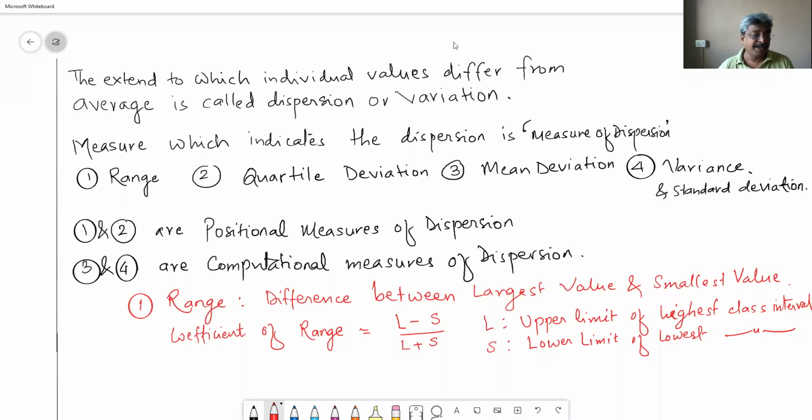Okay, so we write down definitions of range and quartile deviation and we look at the example.